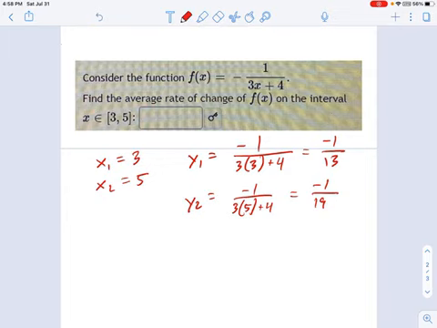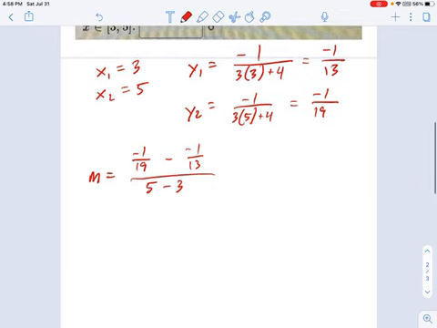Great. So now we plug these into our formula for m, right? The slope, or average rate of change, is going to be equal to -1 over 19 minus -1 over 13, all divided by x2 minus x1. Well, it's a compound fraction. We've dealt with these before.